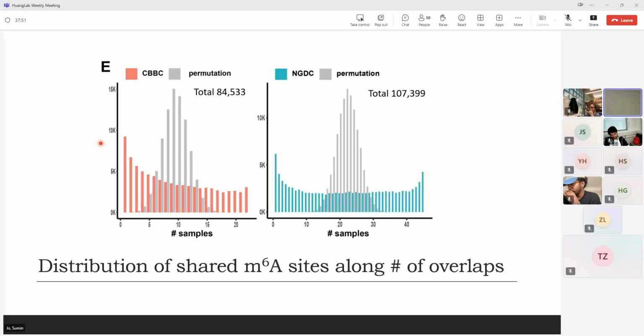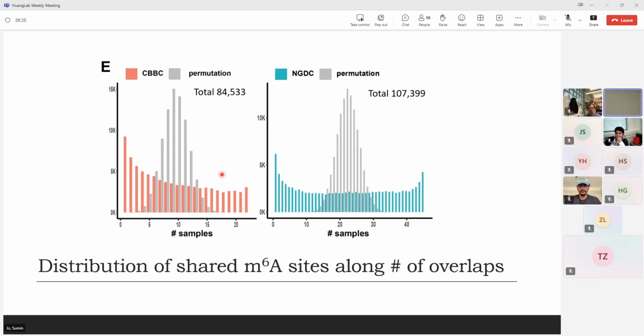That means there is a specific portion of m6A sites that are shared across almost the entire set of samples. And this distribution is not random. If we permute the overlaps and plot the distribution, it is completely different from what we actually observe versus the background distribution.